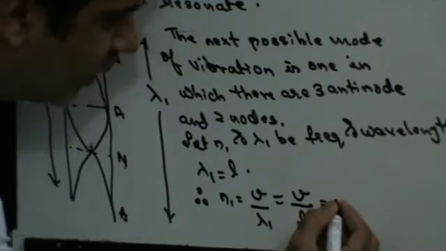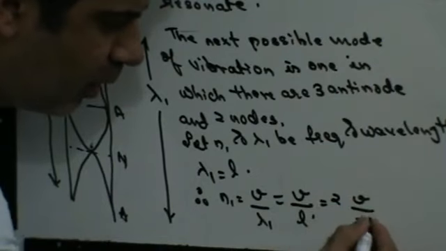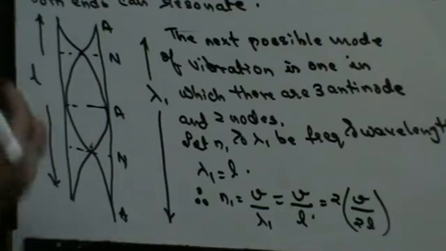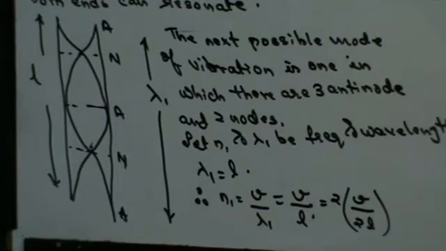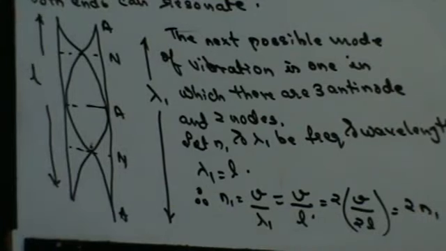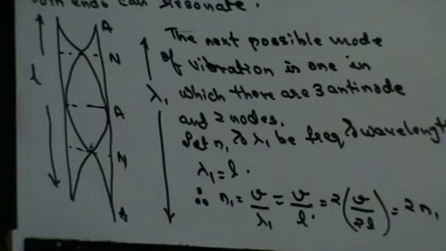So I can say that this is nothing but 2 into v upon 2L. I'm multiplying by 2, I'm dividing by 2. But v upon 2L is nothing but the fundamental frequency. So in this mode, the frequency that will be produced will be twice the fundamental frequency. Right? Do we get this thing clear?